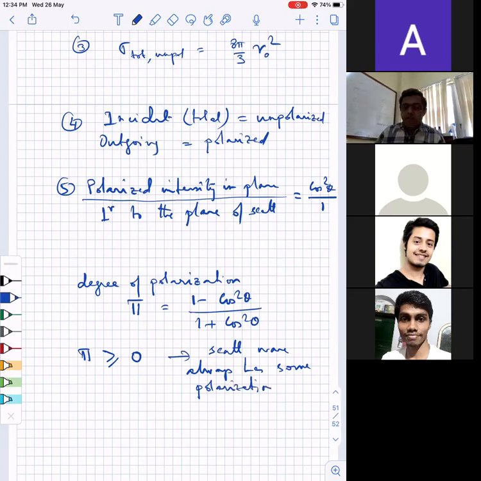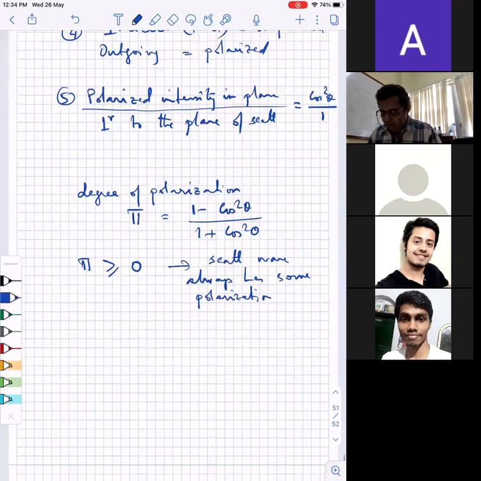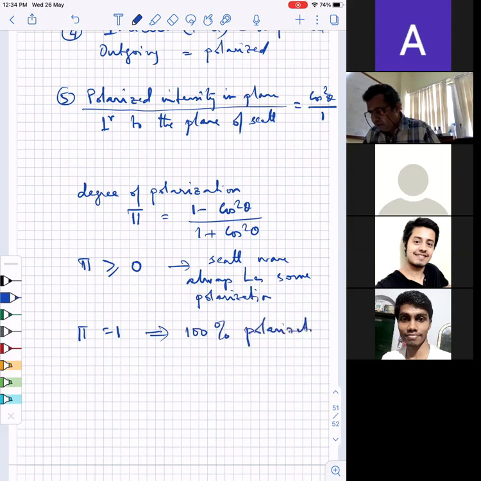Also, when your cos square theta is 0, then your pi is 1, meaning 100% polarization, when you're looking perpendicular to the incident. So if your incident is K and your observation direction is 90 degrees to it, then there is 100% polarization.